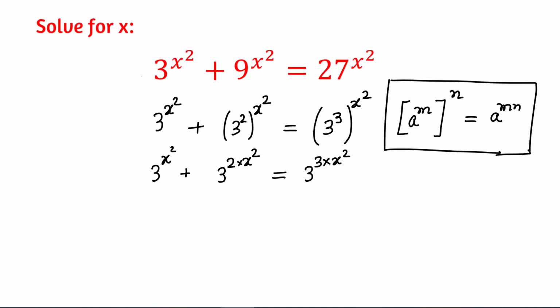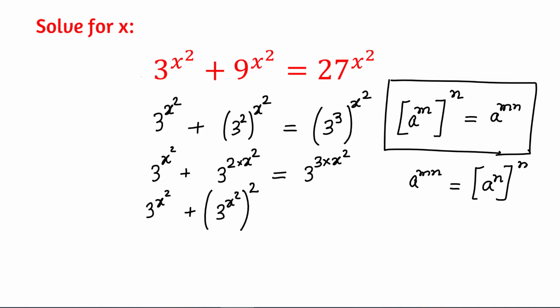And I can further rewrite using the same rule: 3 raised to the power x square, and then whole power 2, because now I can write a raised to the power mn as a raised to the power n and then raised to the power m. This is the same rule that I am using.